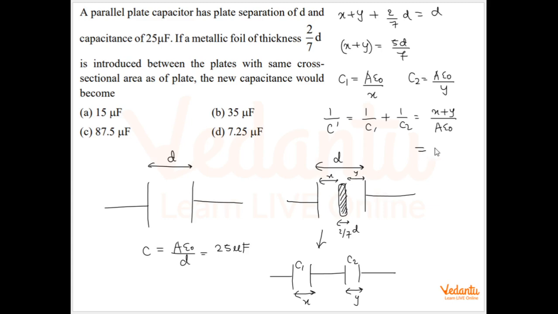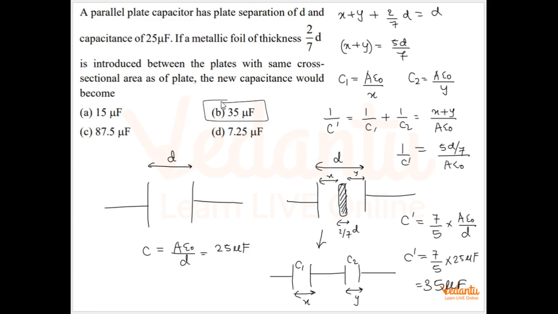That will be nothing but 5d by 7 upon A epsilon naught. That means the new capacitance C dash will be 7 by 5 into A epsilon naught by d. Now we already know that A epsilon naught by d is 25 microfarads. So the new capacitance will just become 35 microfarads. Option B will be the correct answer.